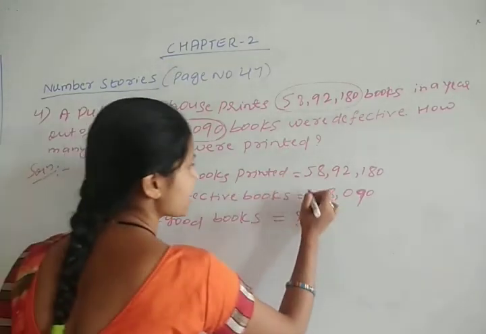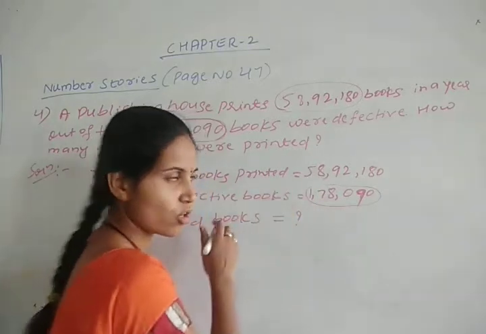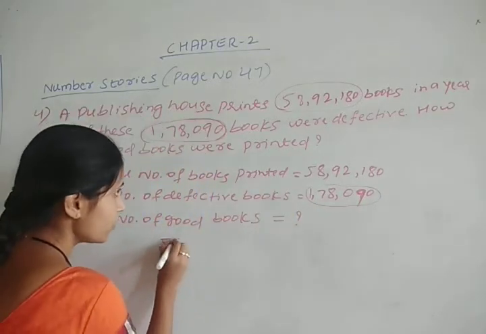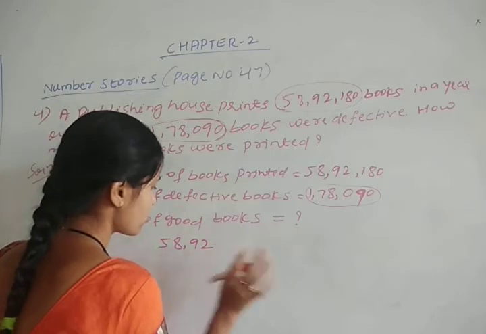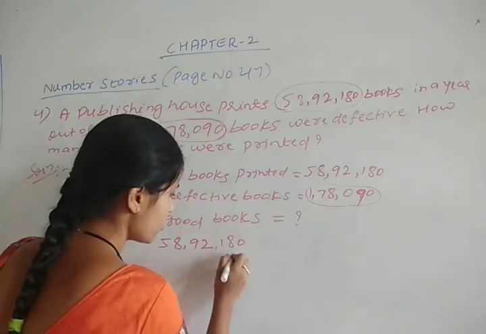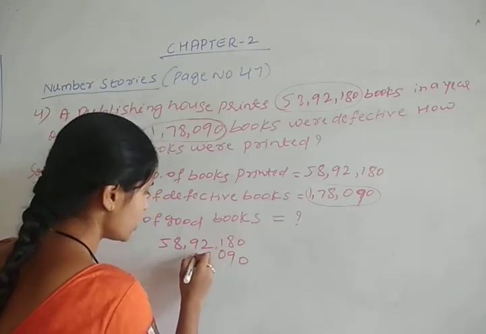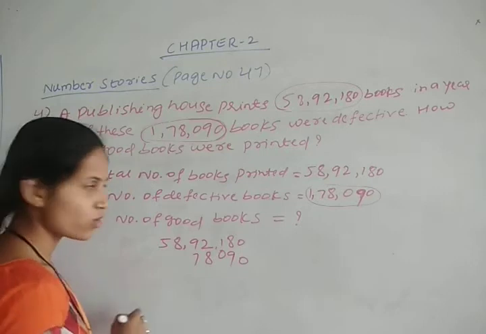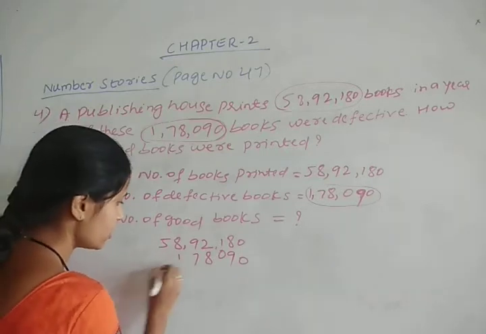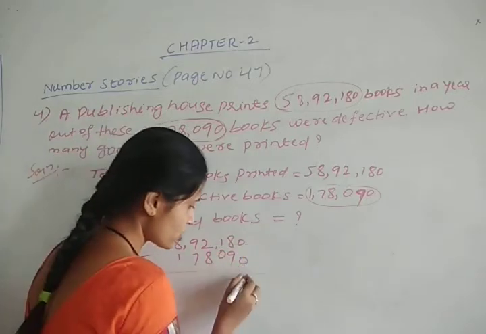I will subtract the number of defective books from the total number of books. 58,92,180, from this we are subtracting the number of defective books, that is 1,78,090. Now let us subtract. So here 0 minus 0 is 0 only.